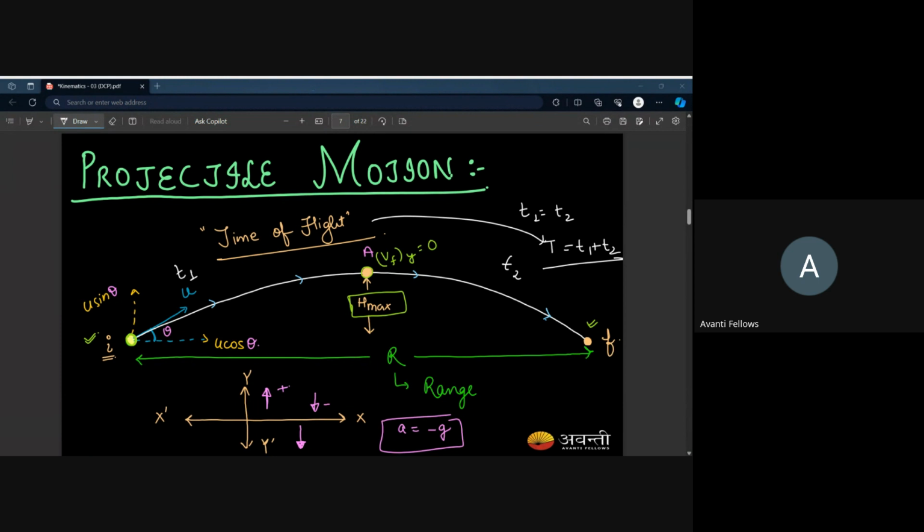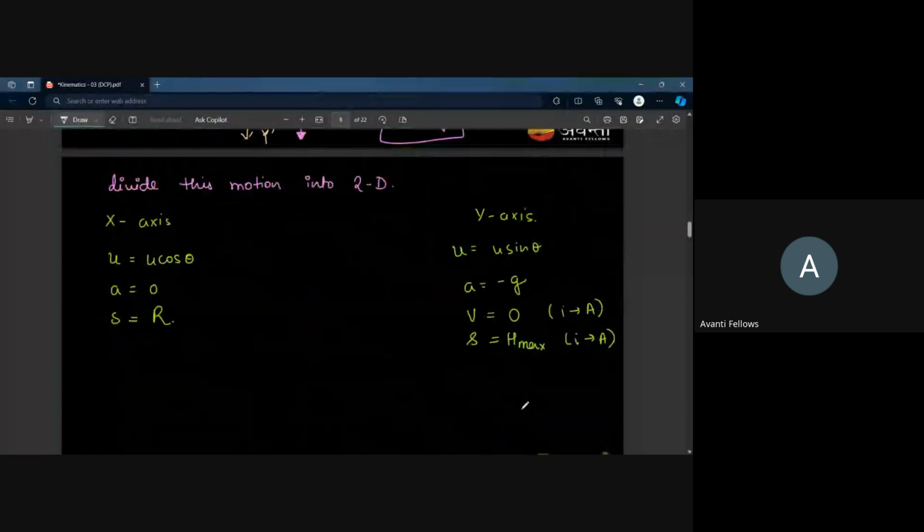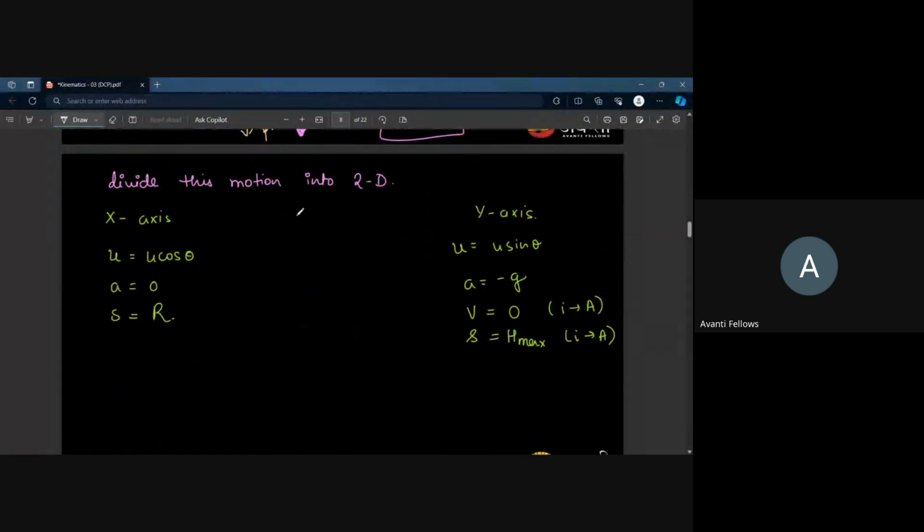And I have been telling you from the start of this lecture that the y-axis will not interfere in the discussion of the x-axis, and the x-axis will also not do the same. Whatever variable or dynamics are going on in the x-axis will not get interfered with or disturbed by the y-axis. So now we analyze this motion and divide our study into two axes.